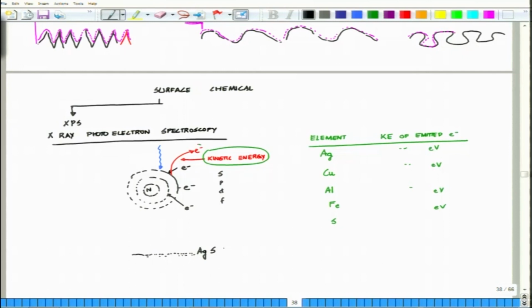If I represent sulfur in orange, you will have this sulfur atom sitting there, and you will have the silver atom, which I am representing in light blue. You will have silver ions sitting there, tons of them, like this.